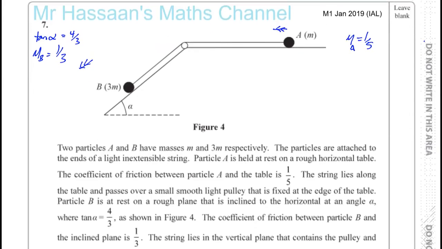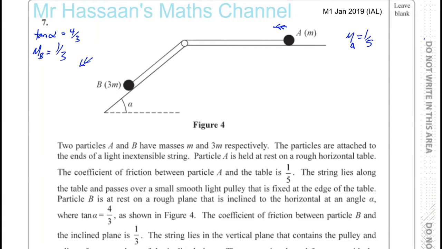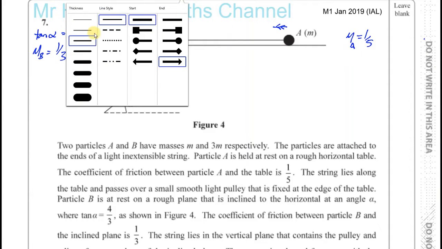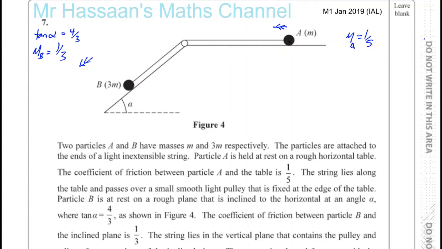Okay, so let's look at all the different forces here. In these kinds of questions, it's very important for you to draw clear diagrams showing the forces acting on the particles. So the first thing we'll do, let's start with A, is consider the weight, which is acting straight down, and its mass is m, so its weight is going to be mg.